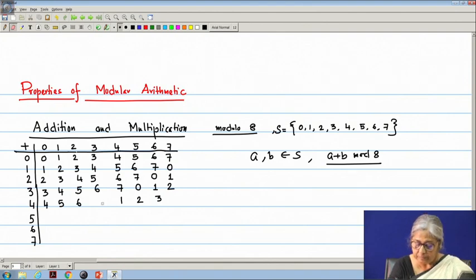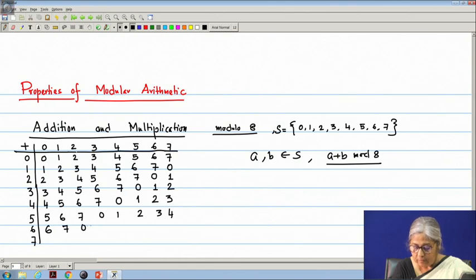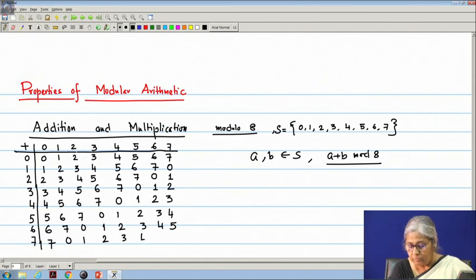Sorry. This is 4 plus 3, 7; 7 modulo 8 is 7, 8 modulo 8 is 0, then 1, 2, 3. Now, 5 becomes 5, 6, 7, then 0, 1, 2, 3, 4. Then 6, 7, now 0, 1, 2, 3, 4, 5. Now, 7 is 7, 0, 1, 2, 3, 4, 5, 6.